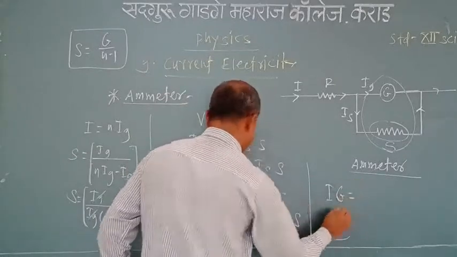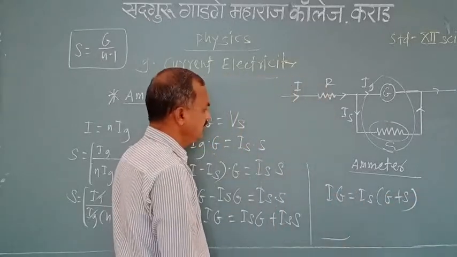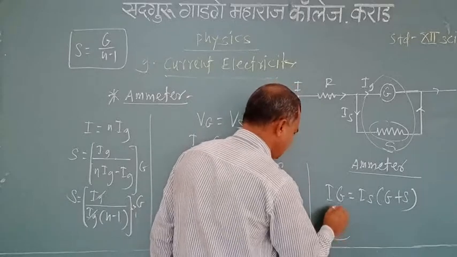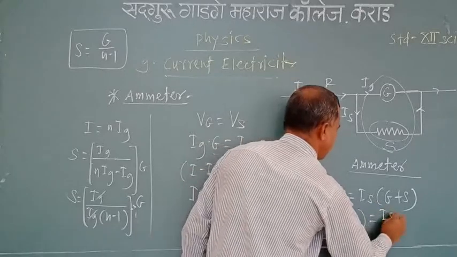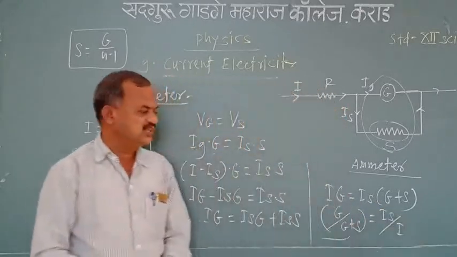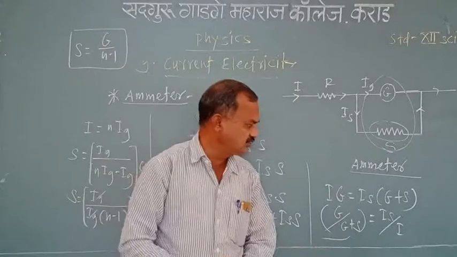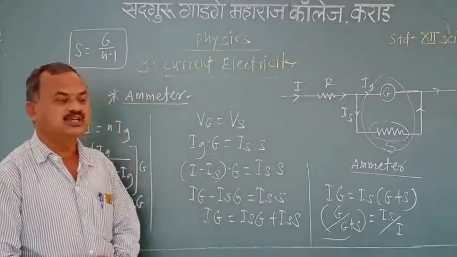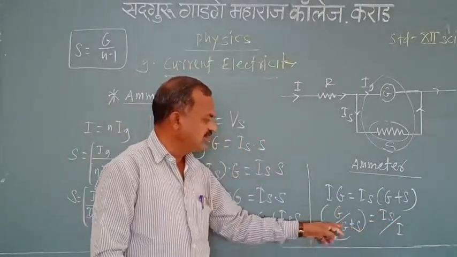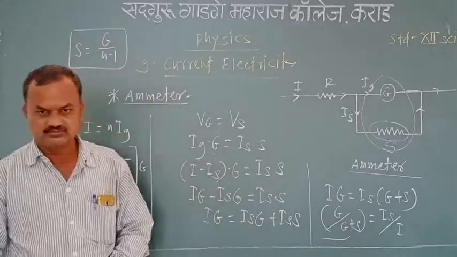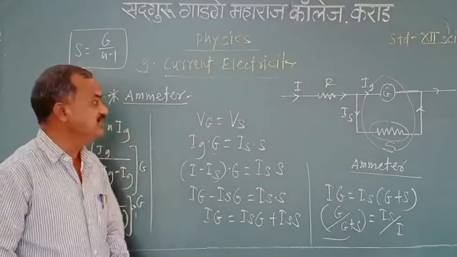I into G equal to Is into bracket G plus S. Then rearrange the equation, you will get G divided by G plus S equal to Is divided by I. This formula gives us the fraction of total current flowing through the shunt: Is divided by I is equal to G divided by G plus S. This is about how to convert MCG into an ammeter for the measurement of large current.